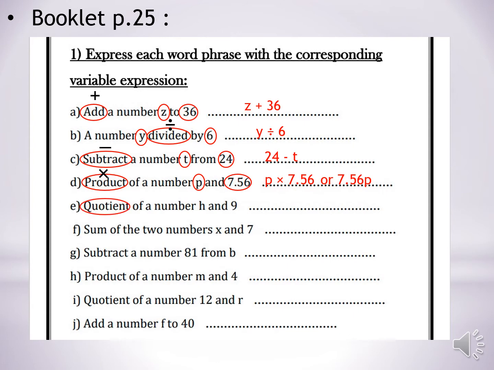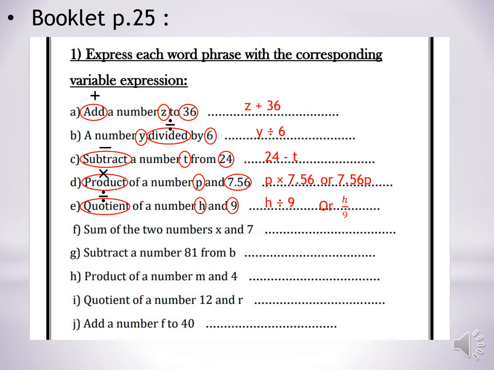Letter E, quotient of number h and 9. Quotient, this is the keyword for division. H, this is my symbol, and 9, this is my number. So the answer will be h divided by 9.